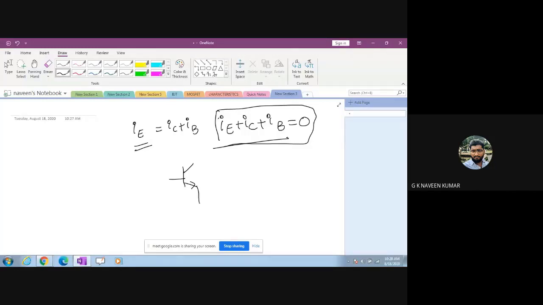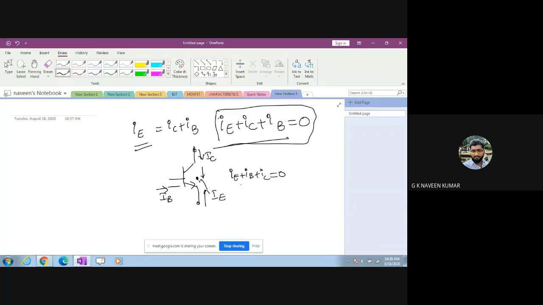While solving the problem, we assume all the currents are flowing into the transistor, i.e. IB. Into means inside. So at this point, if you apply KCL, IE plus IB plus IC is equal to 0.